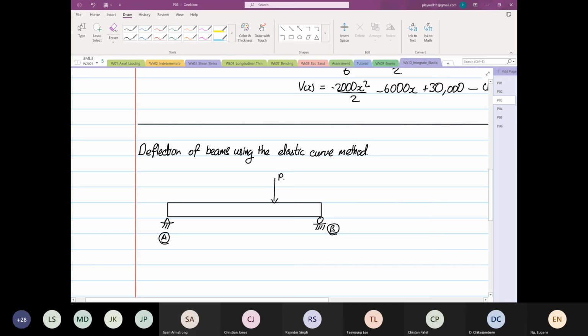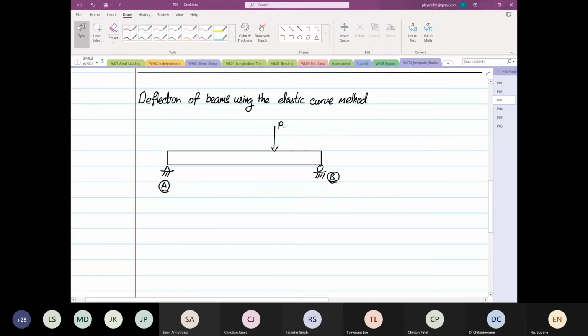So this is our P. Then from here, I'm going to draw the deflection. So this is the loading condition. We're going to sketch out the deflection pattern.